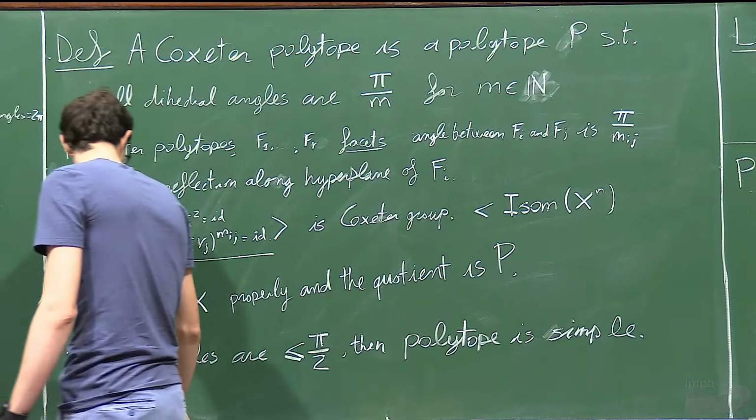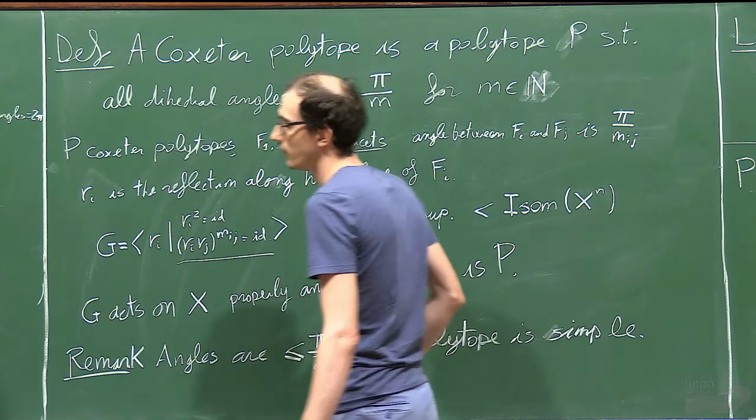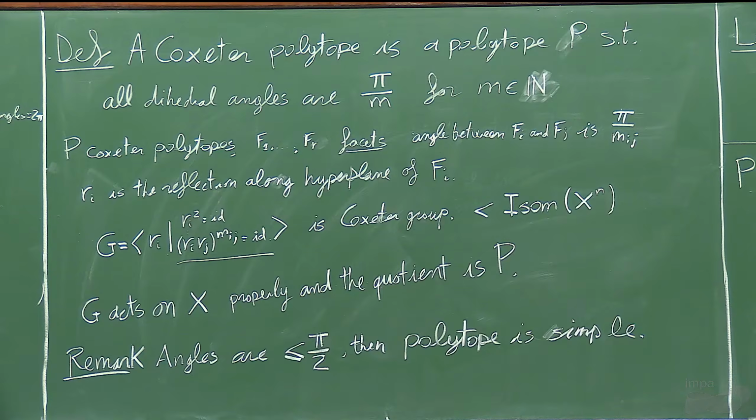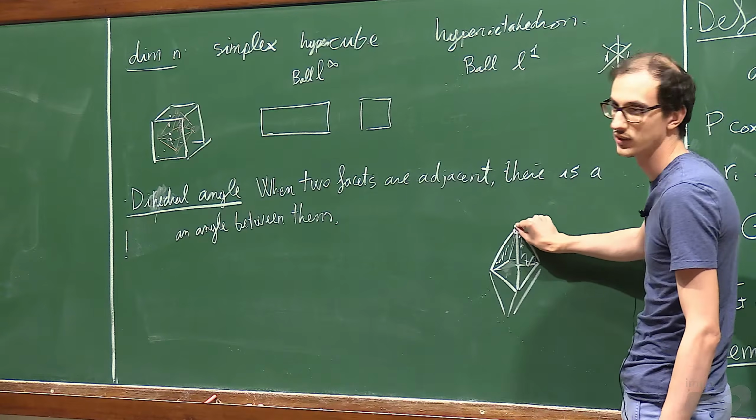Okay, just some other terminology about Coxeter polytopes, because I don't think we are going to use it in the future, but it's quite standard. Like the octahedron is not simple, because at this vertex, these two facets intersect in a vertex.